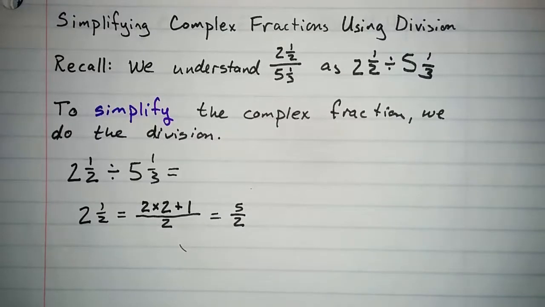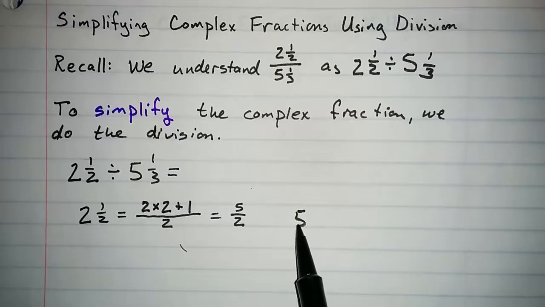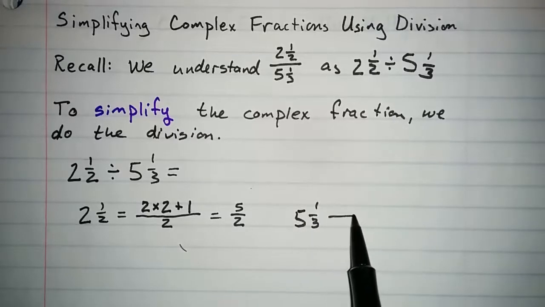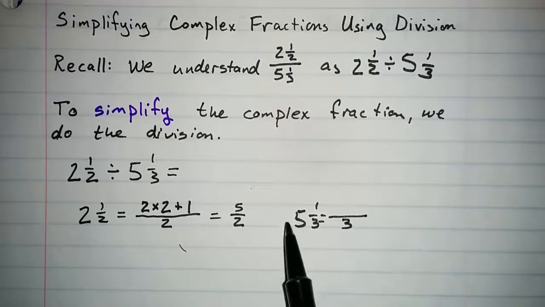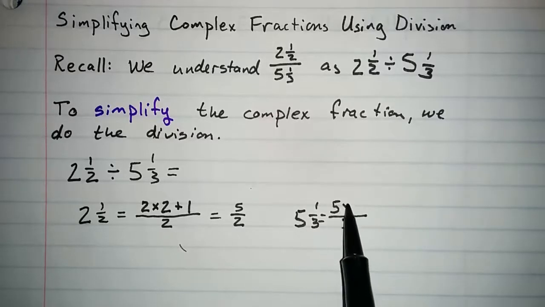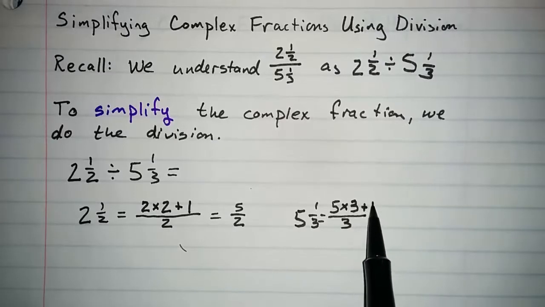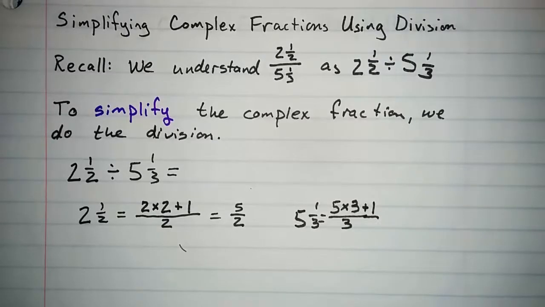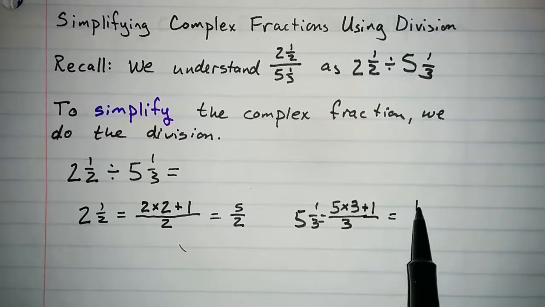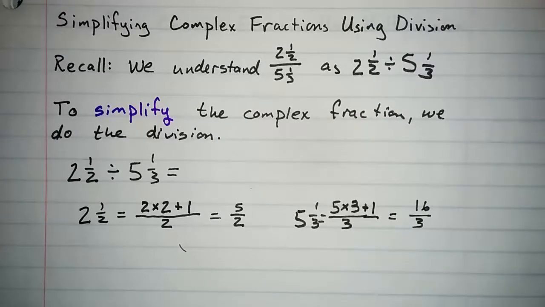So I get 5 halves. 5 1/3, that's going to be some number of thirds. How many? Well, 5 whole things. Each gets cut into 3 equal parts. Add in the one that I started with, and I get 16 thirds.